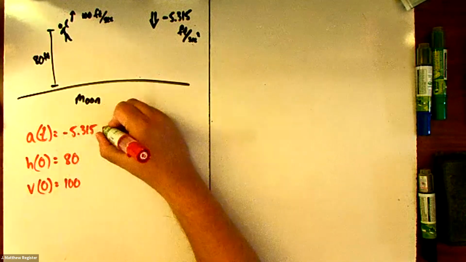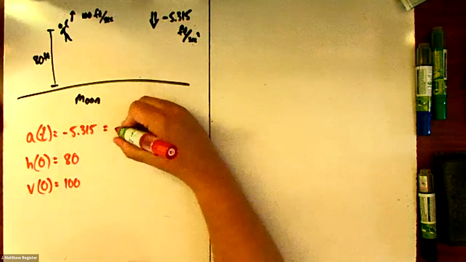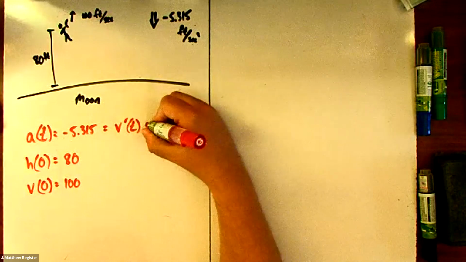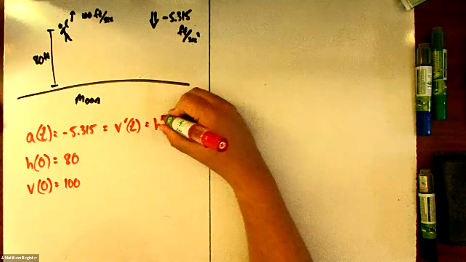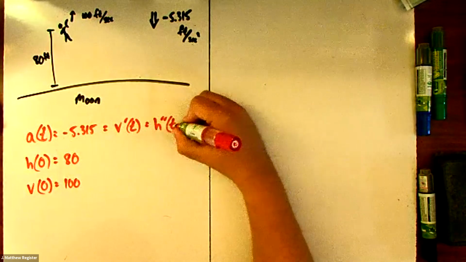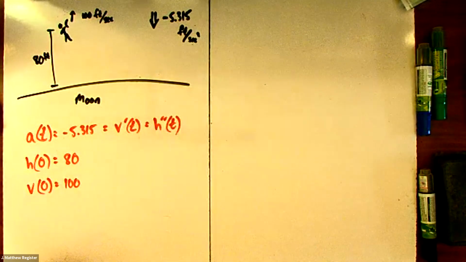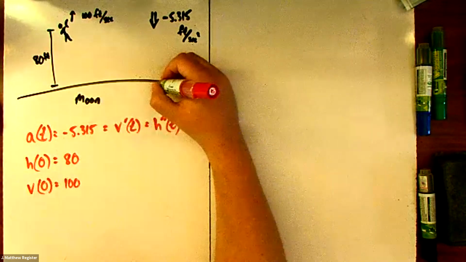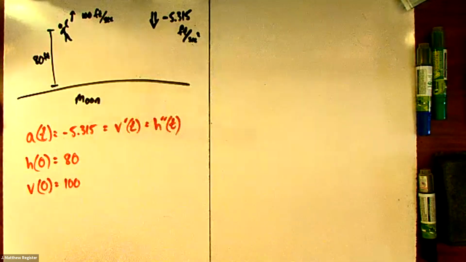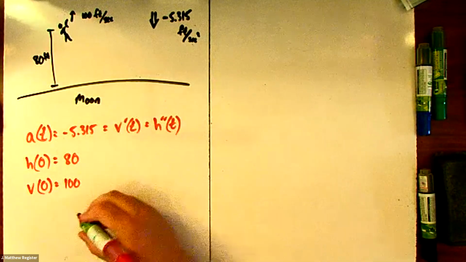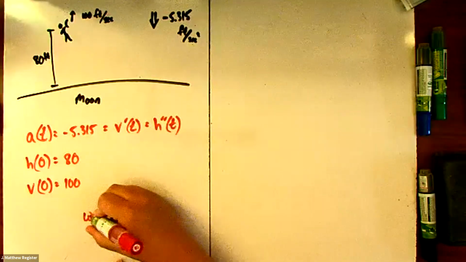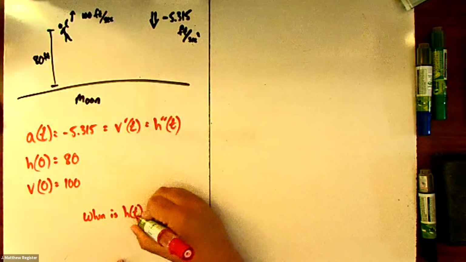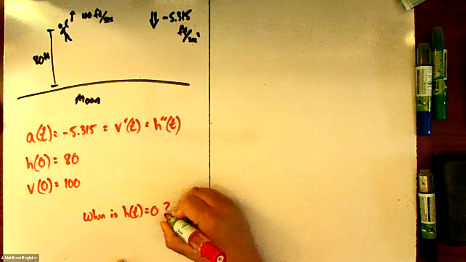Now remember, this A of t also corresponds to v prime of t, which also corresponds to h double prime of t. And if we want to know when it's going to hit the moon, then our goal is to figure out when h of t is equal to 0. And so when is h of t equal to 0?